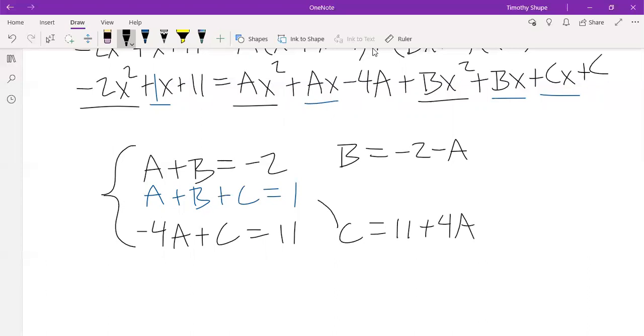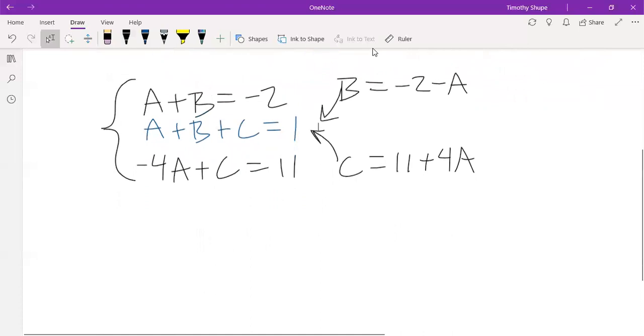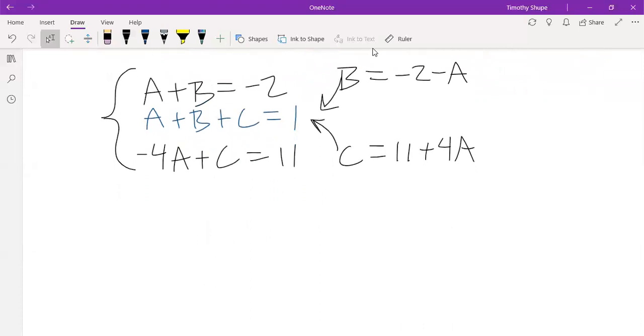And then I'm going to substitute that in here, substitute that in here into this middle equation. That way, my middle equation only has A's in it. So I've got A, and then plus the B values, so that gives me -2 minus A, and then plus the C value, so that's plus 11 plus 4A. All of that should add up to 1.